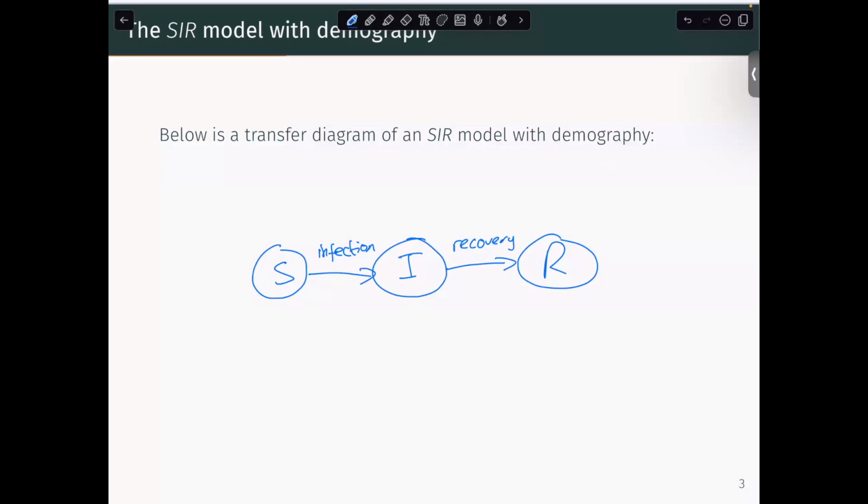Now to have host demography, we're going to add in births, and we're going to assume that everyone who is born in this population, the newborn individuals, they're all going to be susceptible. And then we're going to assume loss from each of these classes. So these red arrows are all going to be deaths. So we're going to have births coming into our S class and then deaths coming out of our S, I, and R classes.